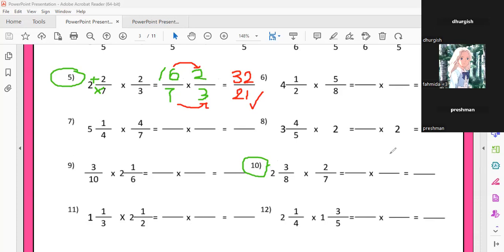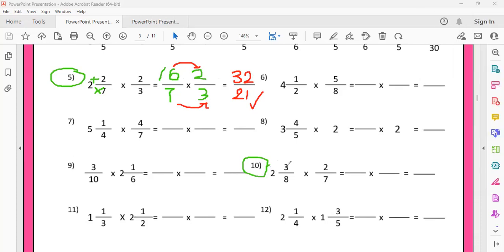Let's look at number 10. 2, 3 over 8 times 2 over 7. So, multiply and plus. So, you're going to change this mixed number to an improper fraction. 8 times 2, 16. 16 plus 3, 19. So, you write 19 over 8 times 2 over 7.